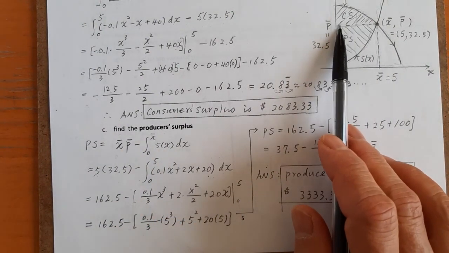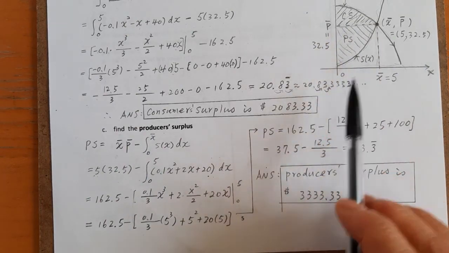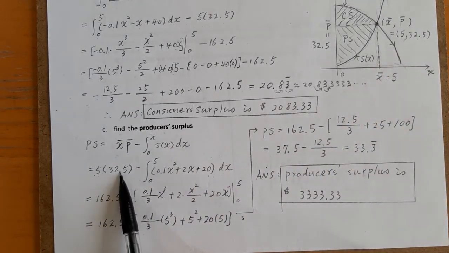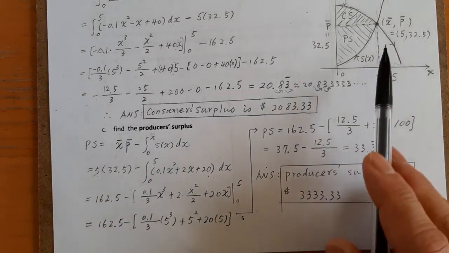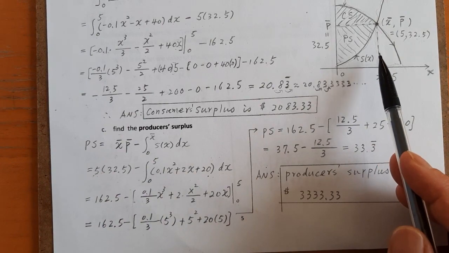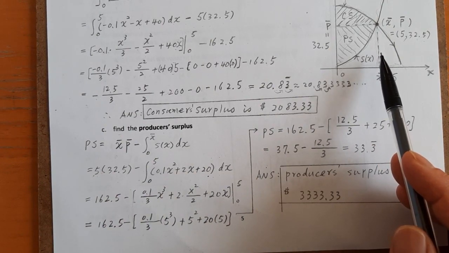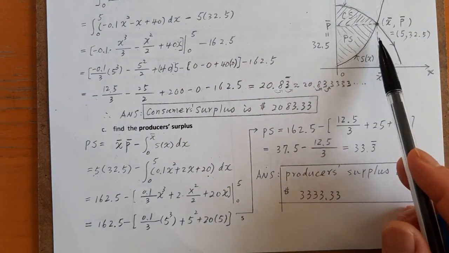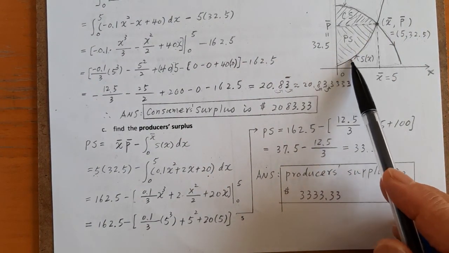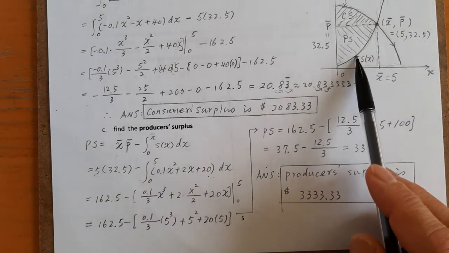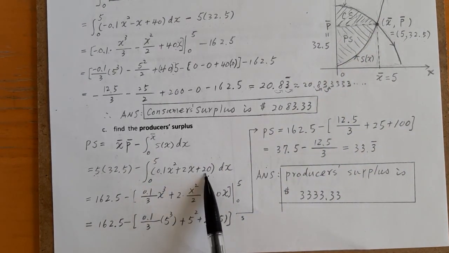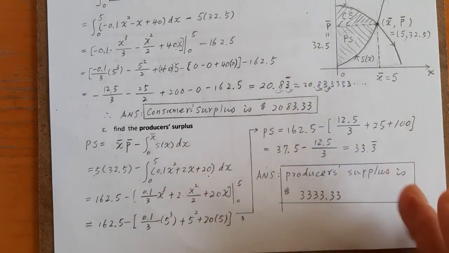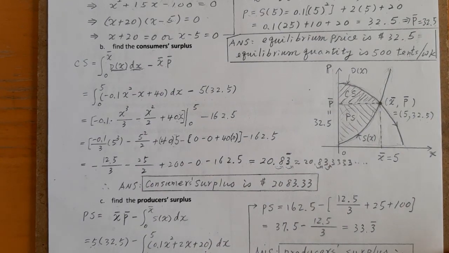Now actually in the market the sale is so many dollars, 5 times 32.5, minus what the producer is willing to make available in the market, which is what they can sell for. The integral of s of x is this function dx, take the integral, and then we get the producer surplus, PS.